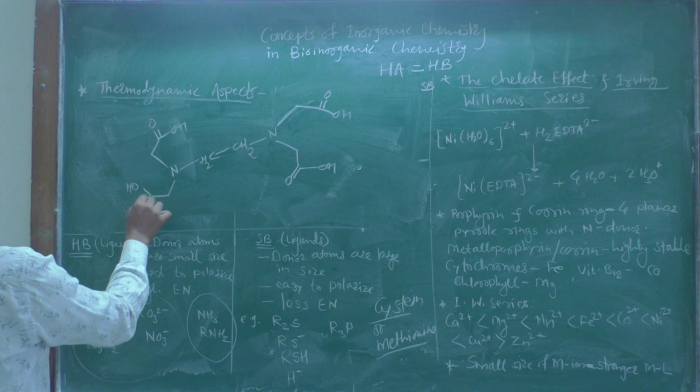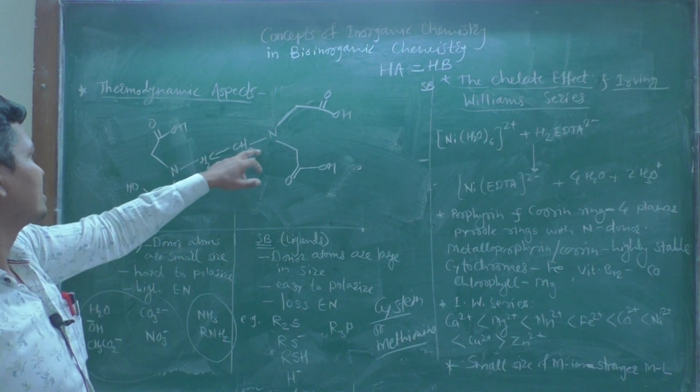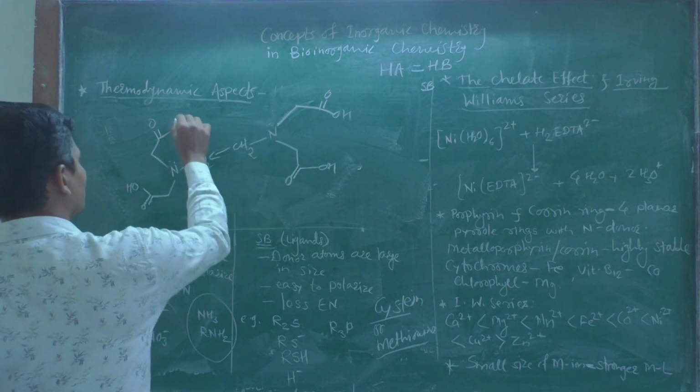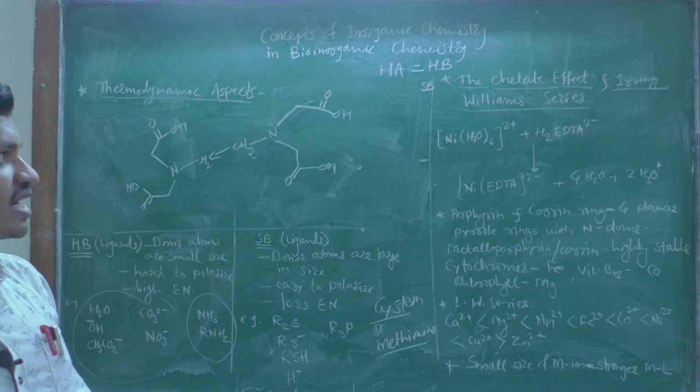So this is a neutral molecule called ethylene diamine tetraacetic acid. It has 6 donor sites, 1, 2, 3, 4, 5 and 6. So this is a hexadentate ligand.